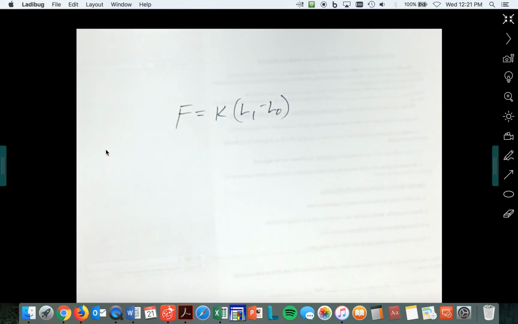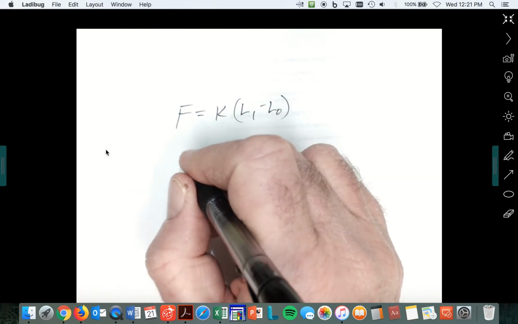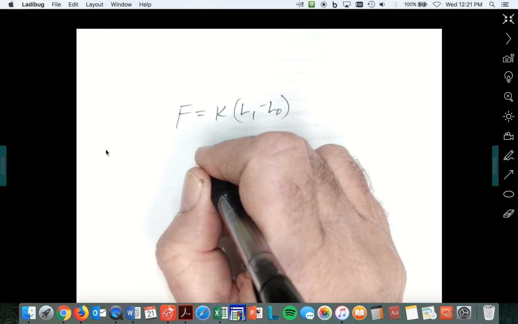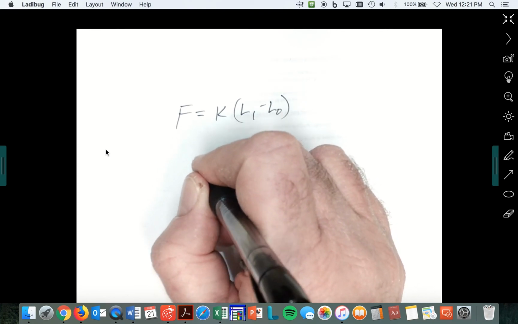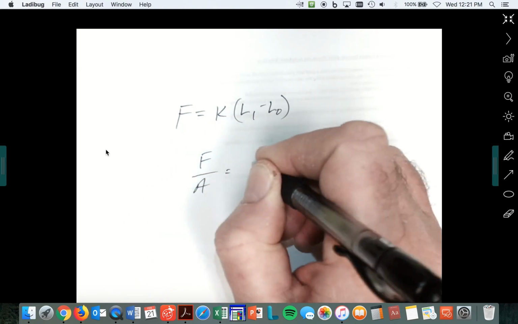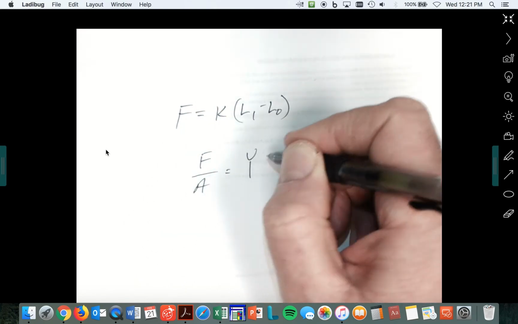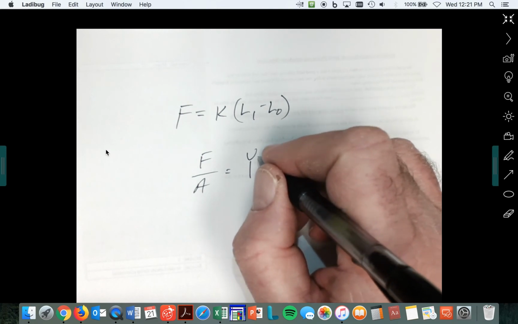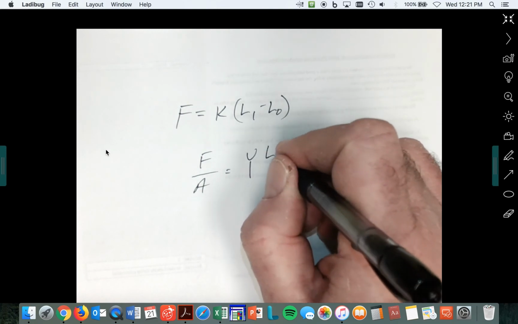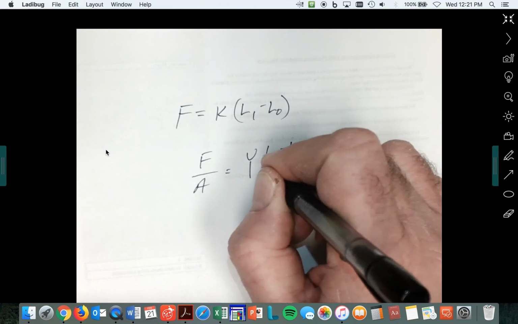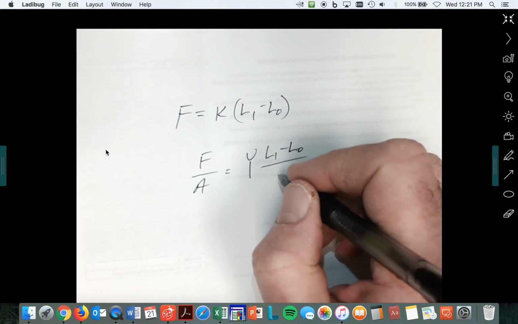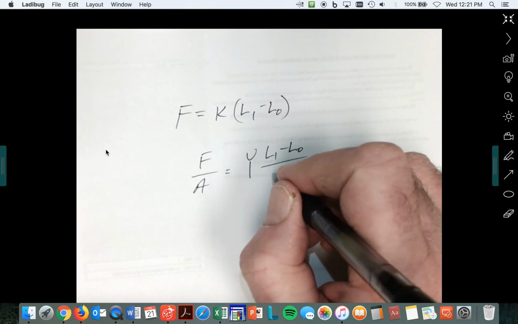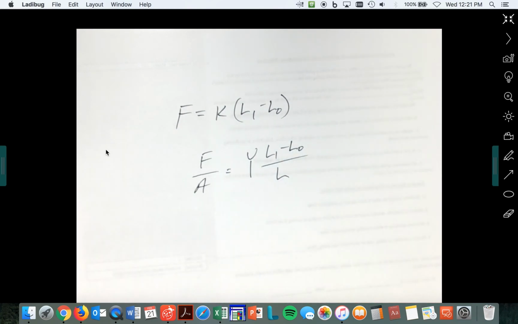And I've got the Young's modulus equation, which says F over A is equal to Y times L1 minus L naught over L naught. Okay? So I've got to write an expression for k.